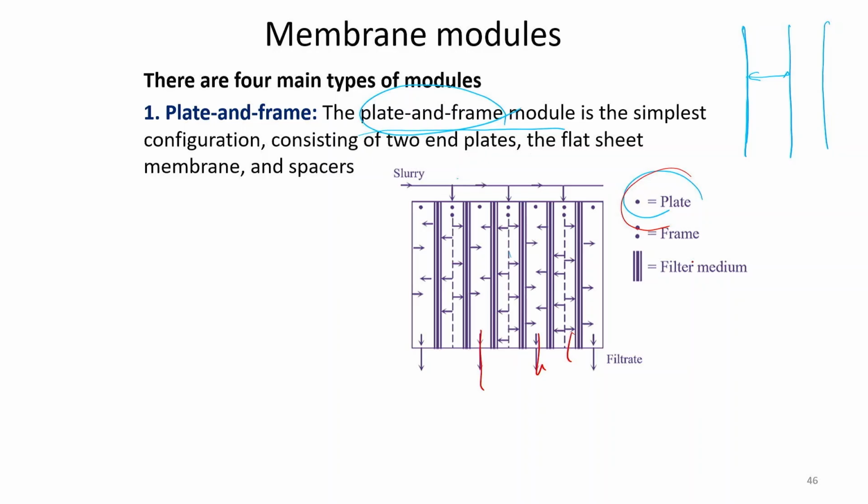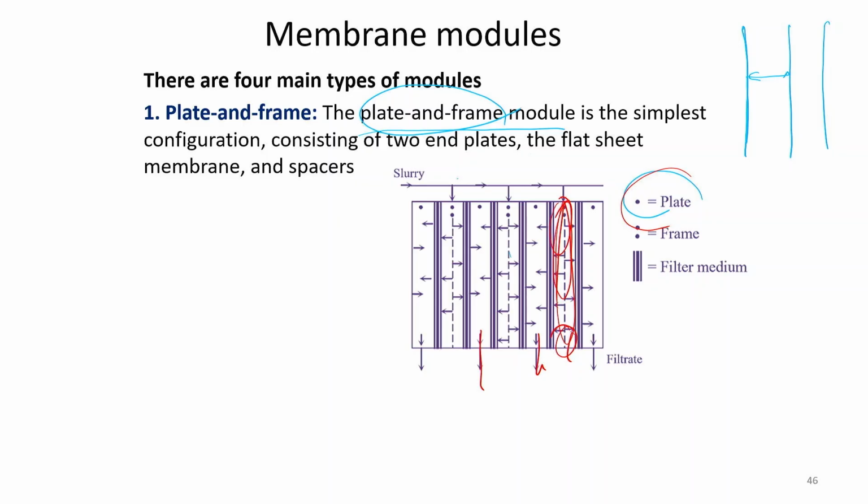and in between the frame, if you see within the frame here, the particles are collected here. We can collect the particles within the frame and then we can wash it and reuse it.